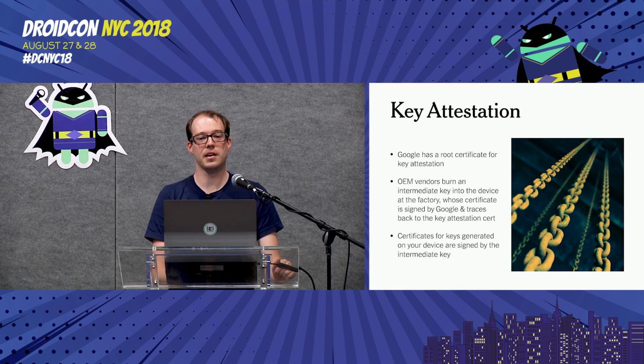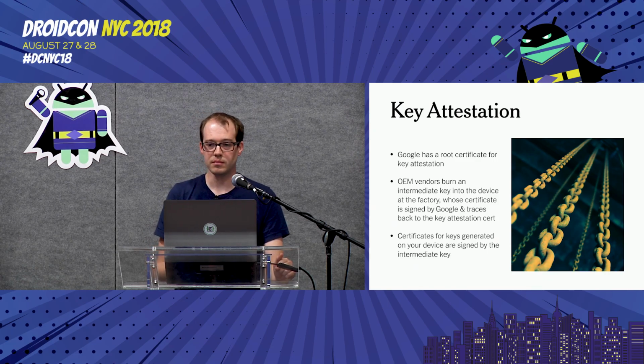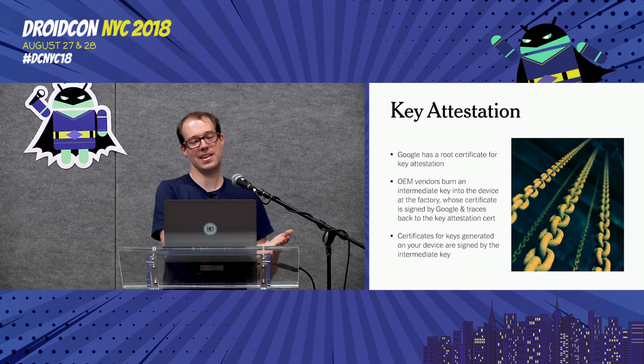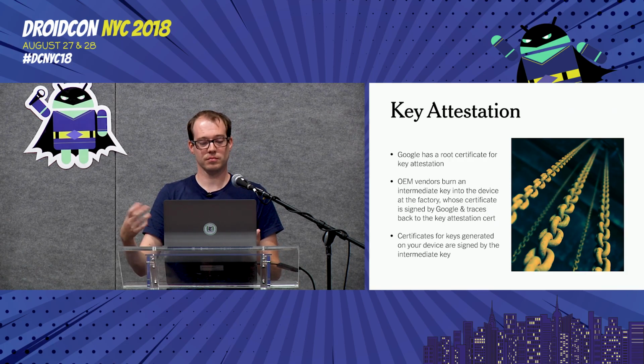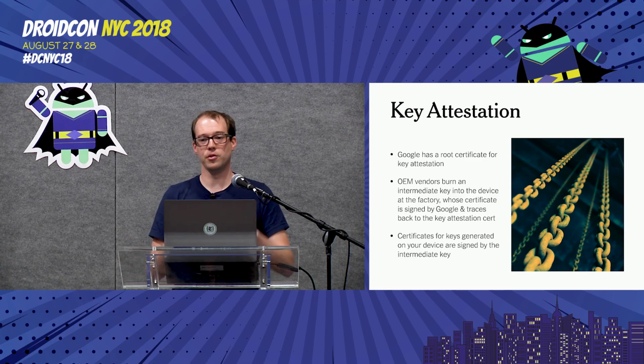It's like an intermediate signing key. And that key gets burned into the trusted execution environment of every Android phone they ship. And the certificate for that key is signed by Google using the key for the root certificate. So you know that the key that they burn in the device is trusted by Google.